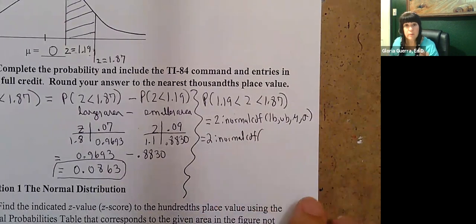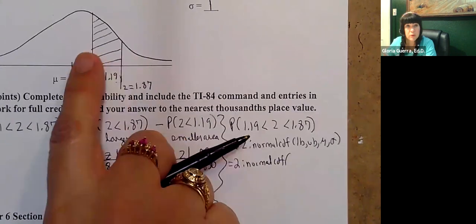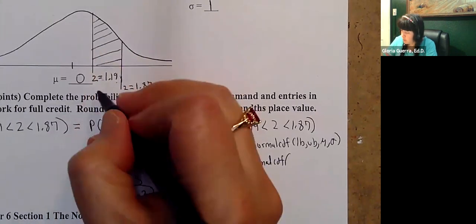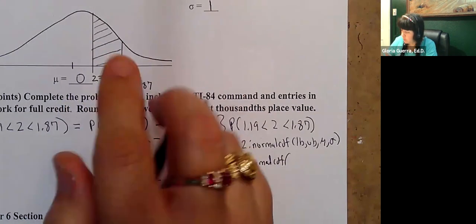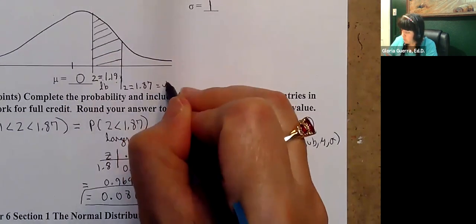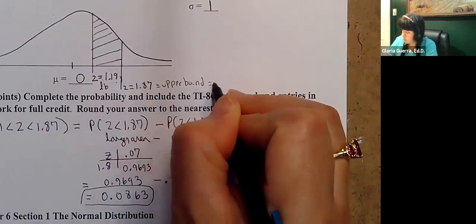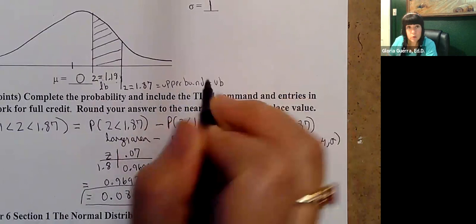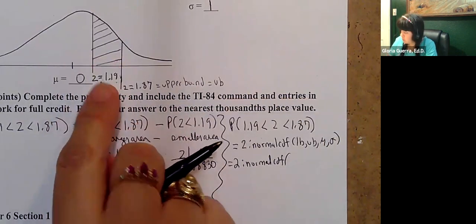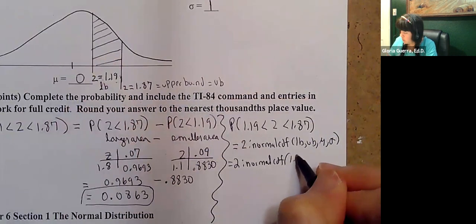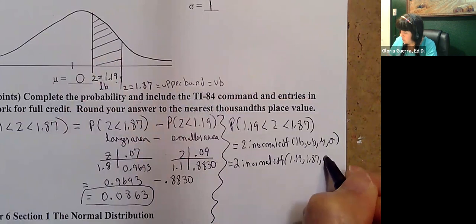And then your lower bound in your picture, this right here is your lower bound because you read from left to right. This is your upper bound. This is your lower bound, this is your upper bound. So 1.19 to 1.87.